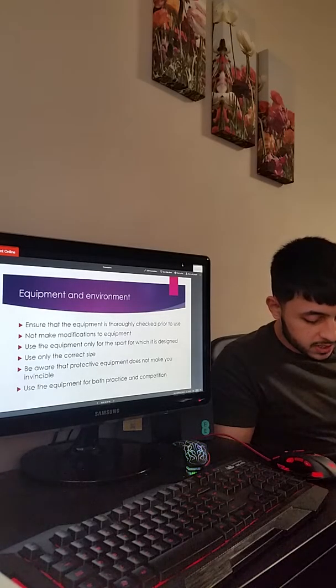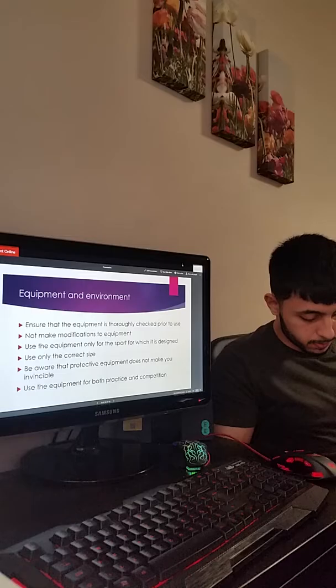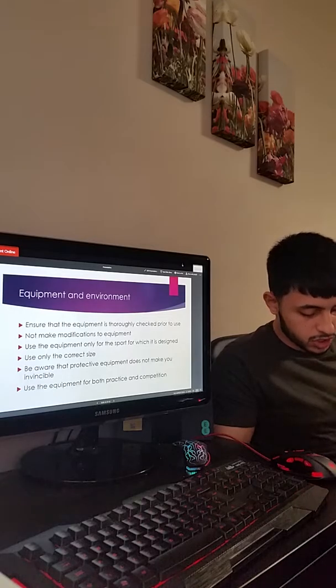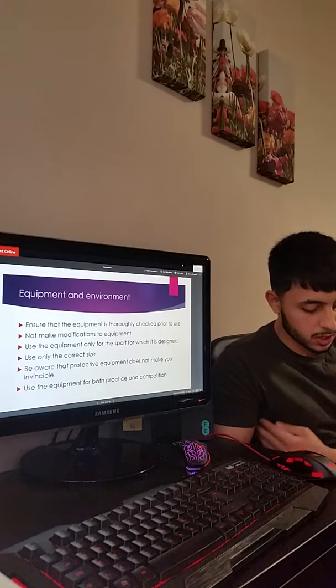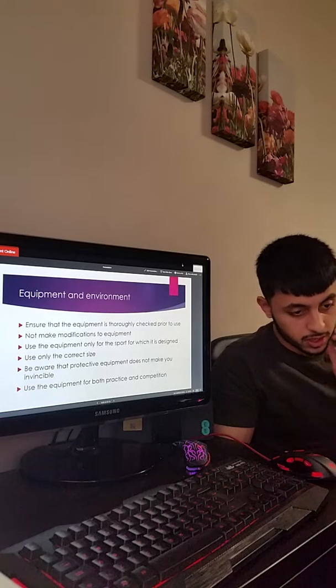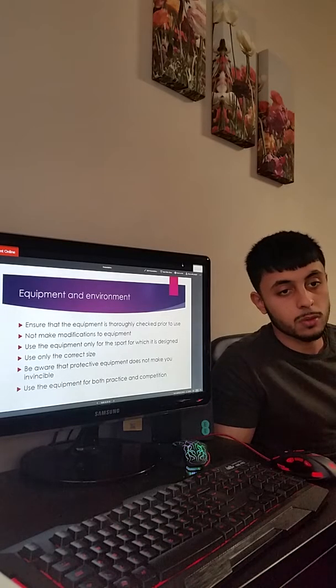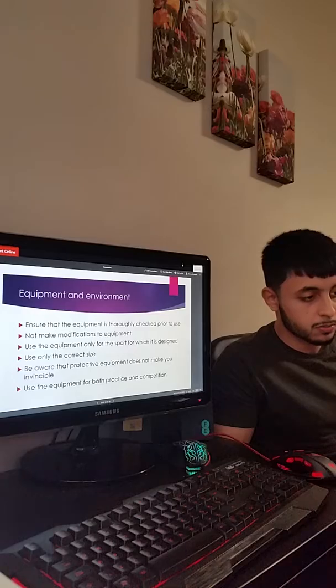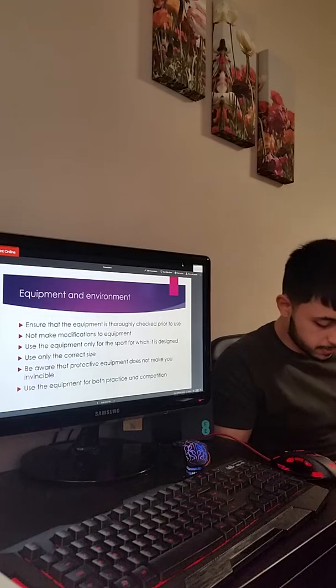Because technology advanced, new protective equipment can be developed which is lightweight and does not decrease the range of motion, which is beneficial for athletes because oftentimes if they suffer from an injury, they may need to wear protective equipment, and if the equipment is too heavy or can affect range of motion, this can affect the athletic performance.